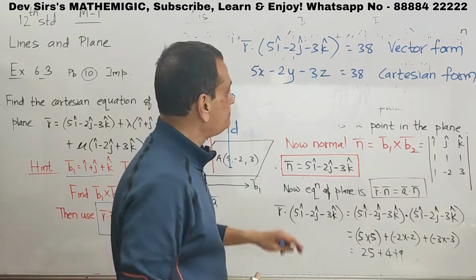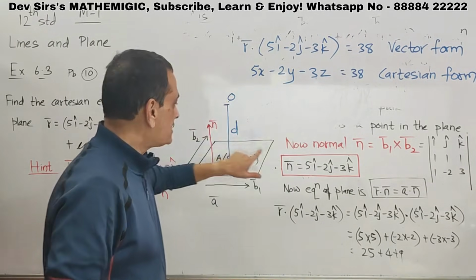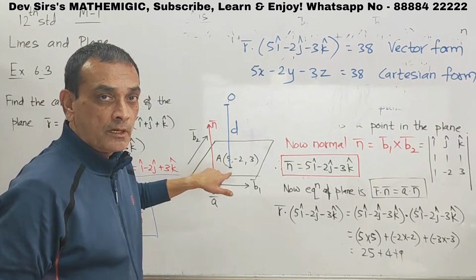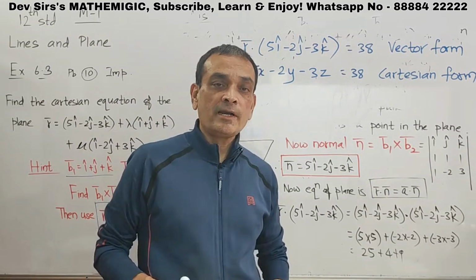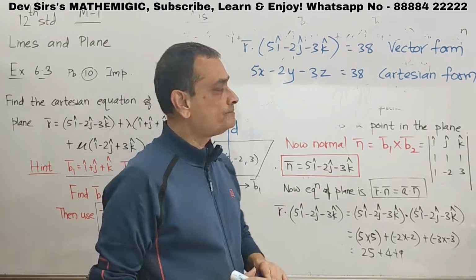So how do we do that? Just find a number. Remember 38 is not the distance of the plane from the origin. You have to convert into what is called as normal form. Okay. How do you get the normal form?